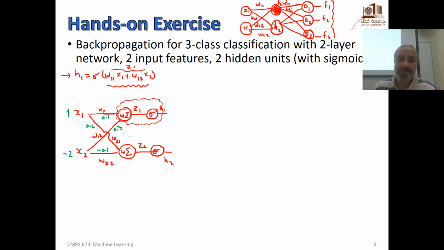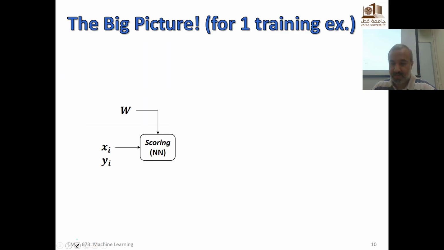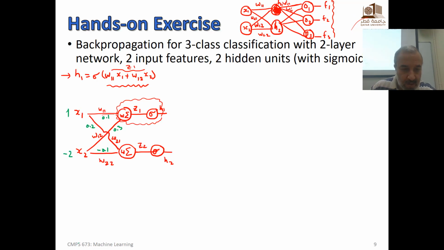So what is the local gradient with respect to W11? It is 1, because X1 is 1. How about with respect to W12? -2. Okay, -2.